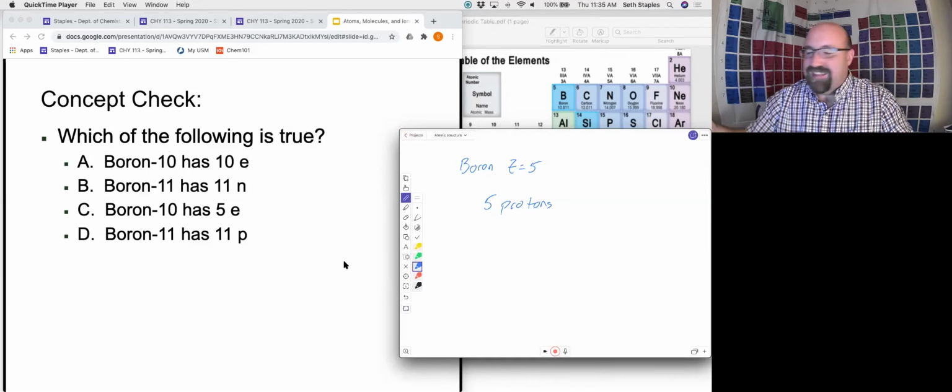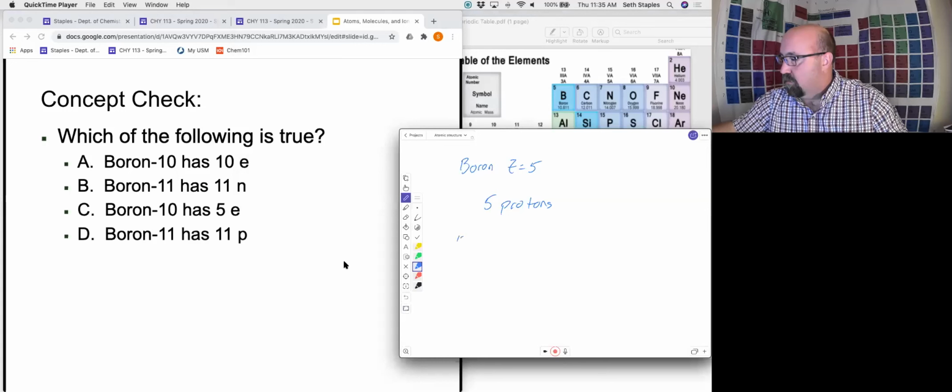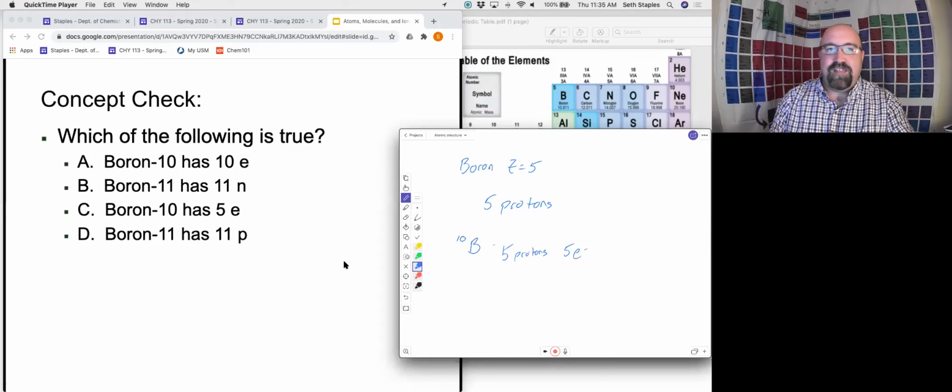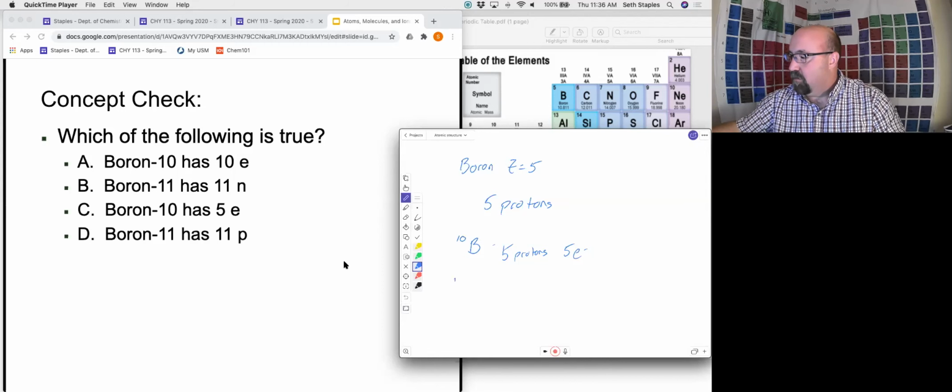Boron 10, we know we're going to have 5 protons in there because it's still boron. Boron 10 would also then have 5 electrons, and that e with a negative is just symbology for electrons. So boron 10 would have 5 electrons in it. So we know A can't be right. Let's look at B.